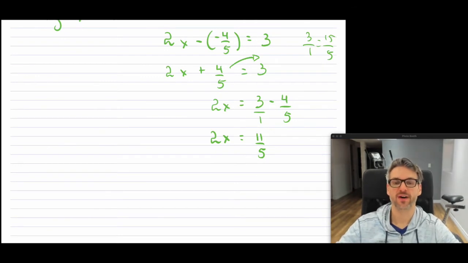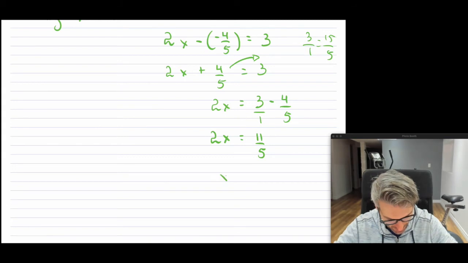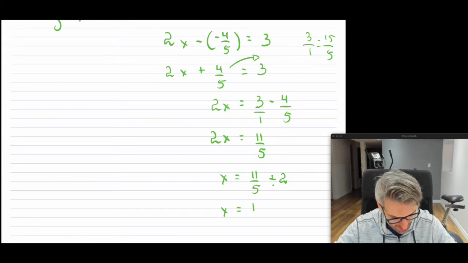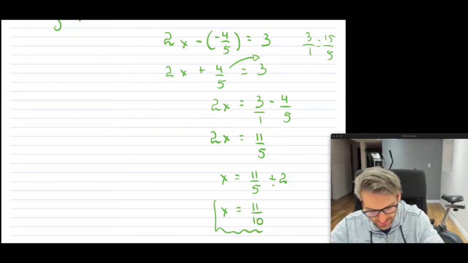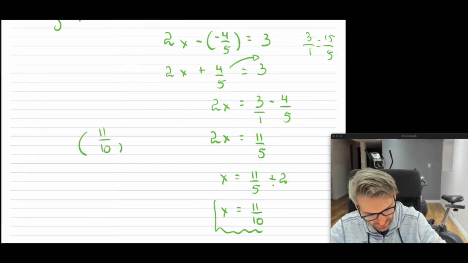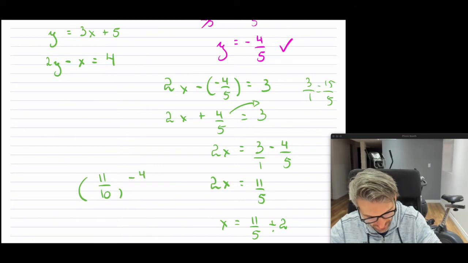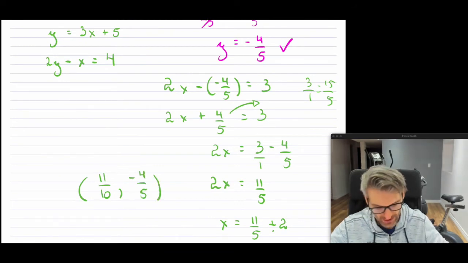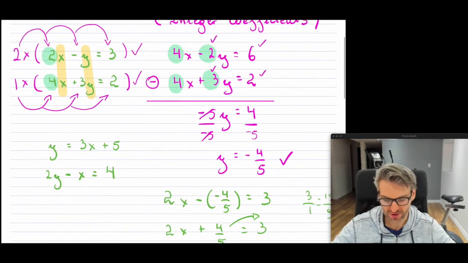And finally, dividing by 2 on both sides, you're going to get x equals 11 over 5 divided by 2, which is really just 11 over 10. So my point of intersection is 11 over 10 and negative 4 over 5. That's where those two lines are intersecting.